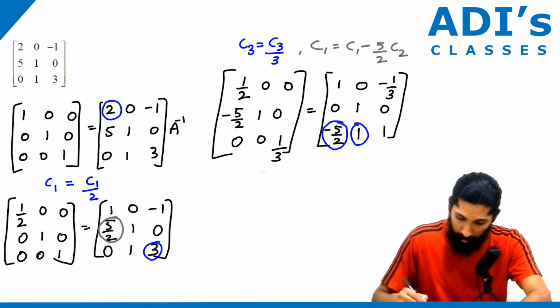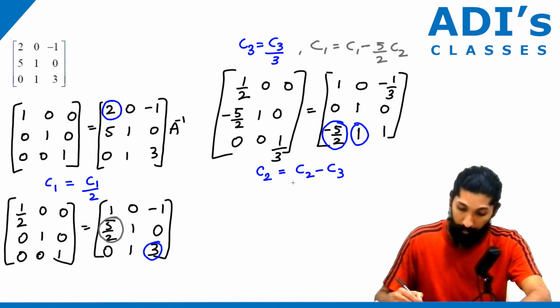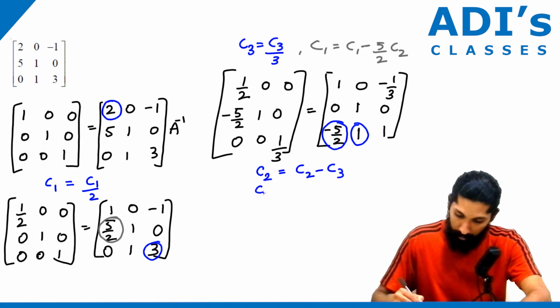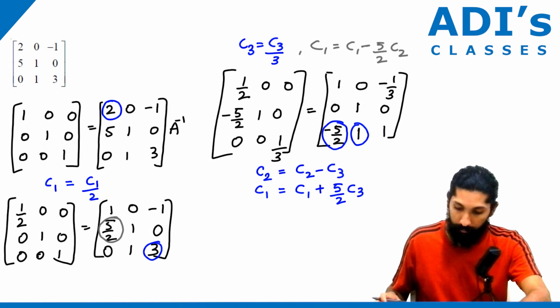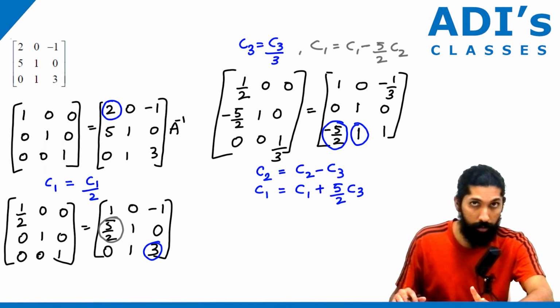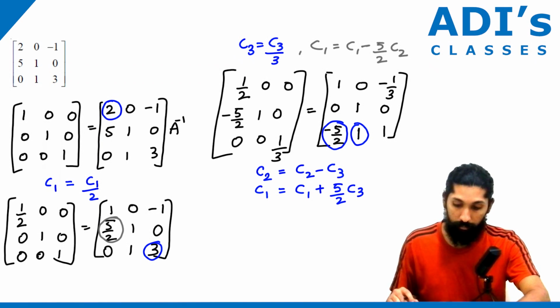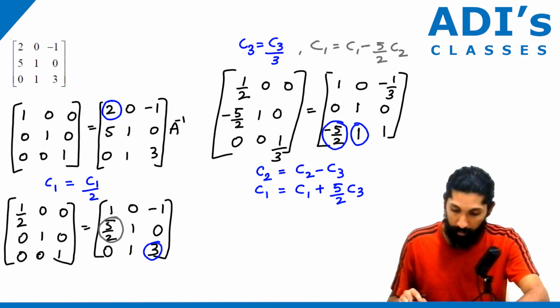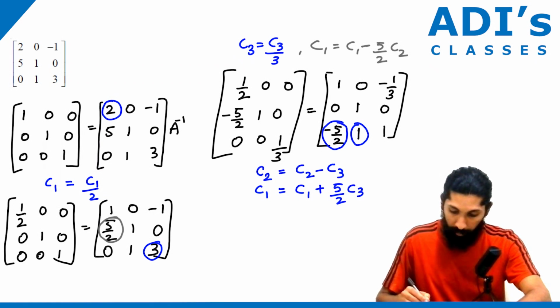So C2 is equal to C2 minus C3. So this becomes 0. Then C1 is equal to C1 plus 5 by 2 times C3. Now this is a little complicated part because we are doing two operations together here. In the first case, C1 is equal to C1 plus 5 by 2 C3.